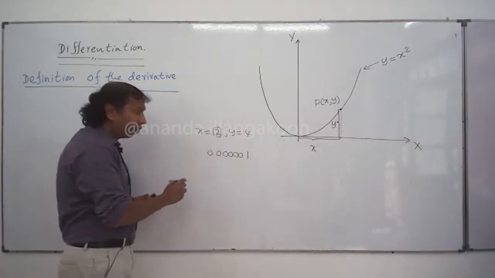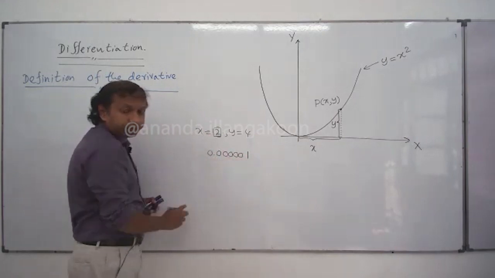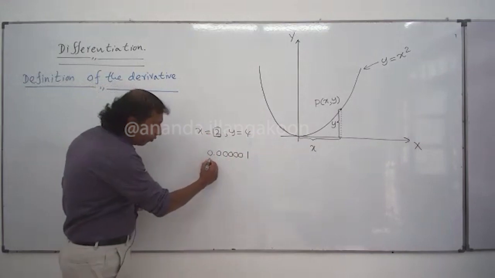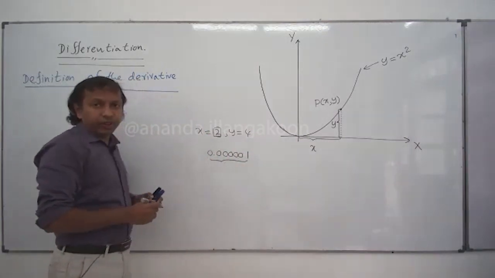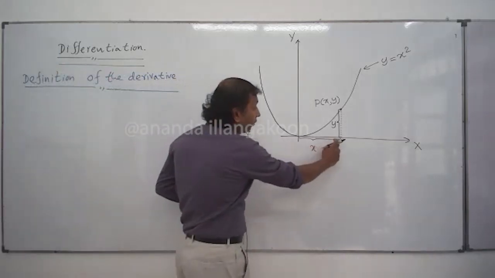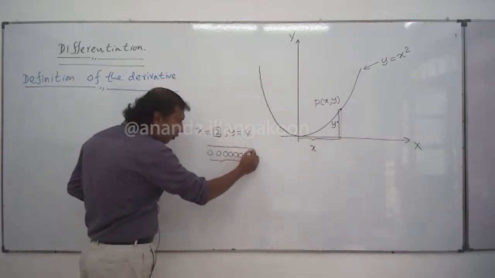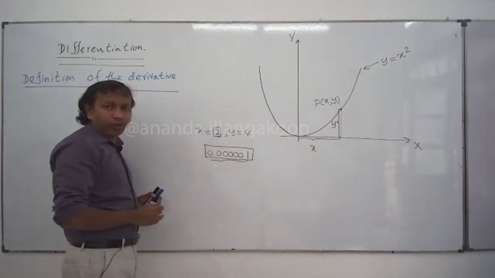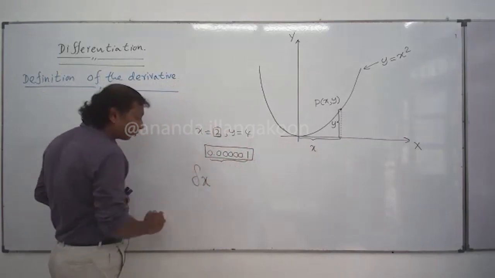Then the new x is going to be 2 plus this small value. The present x is 2, and I am going to increase it by this value. People, this is a small value in x. The small value of x we denote by the symbol delta x.